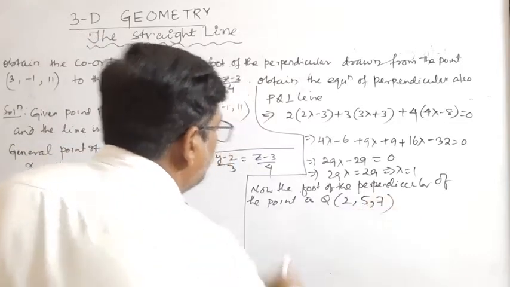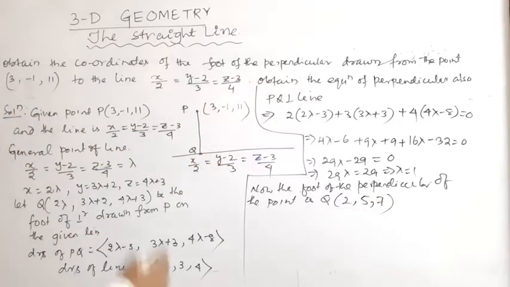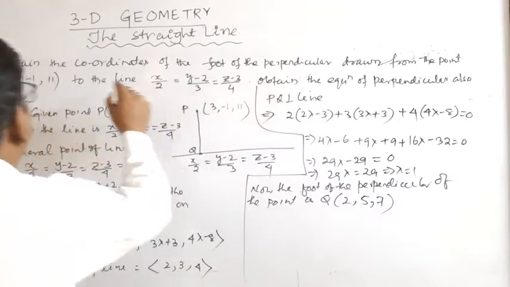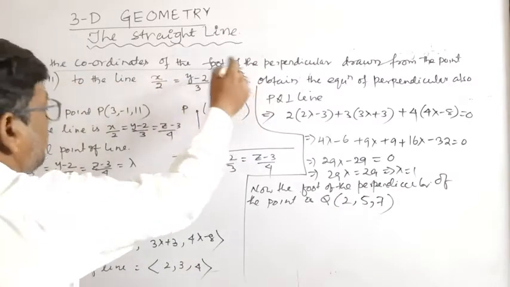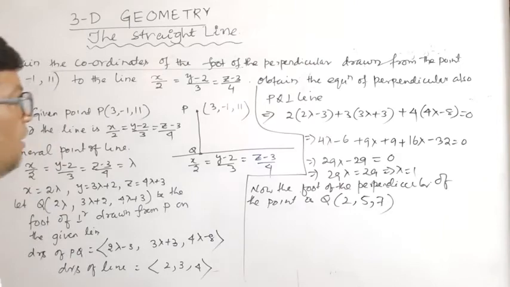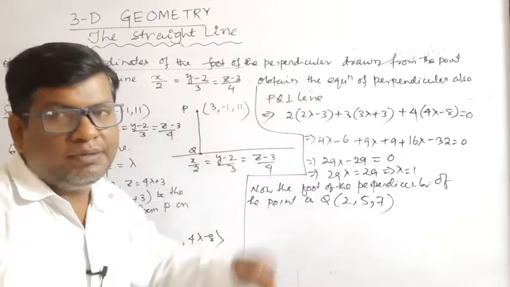This is the foot of the perpendicular. So the question was to find the coordinates of the foot of the perpendicular, and this is obtained. Another question is to obtain the equation of the perpendicular also.